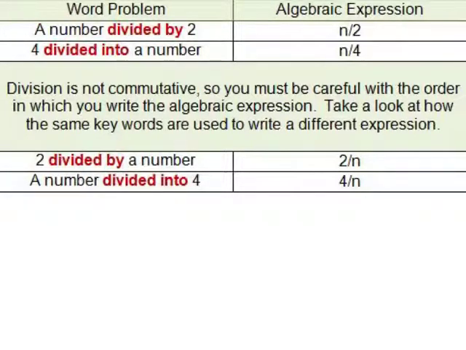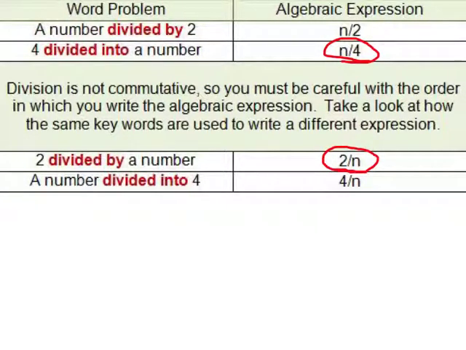All right, a number divided by 2, 4 divided into, or divided by a number would look like this. Now, just like subtraction, division is not commutative, and this is where a lot of students make a mistake here. You have to be careful with the order that you write the expression in. 2 divided by a number would look like this.